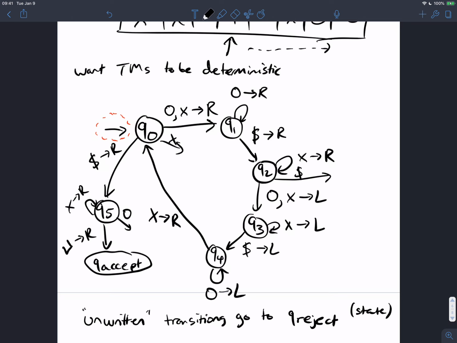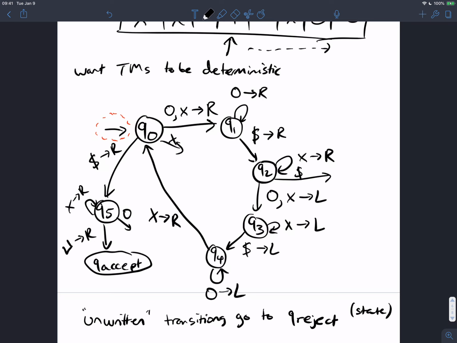I've got to look at the current state, which is the state over here. That's one thing. What else do I need to do? I need to first read what thing I'm looking at. If I'm at Q0, there's a difference between if I see a 0 or a dollar sign. So I need to look at what's on the tape first, but then what do I do? Knowing those two things, what do I do?